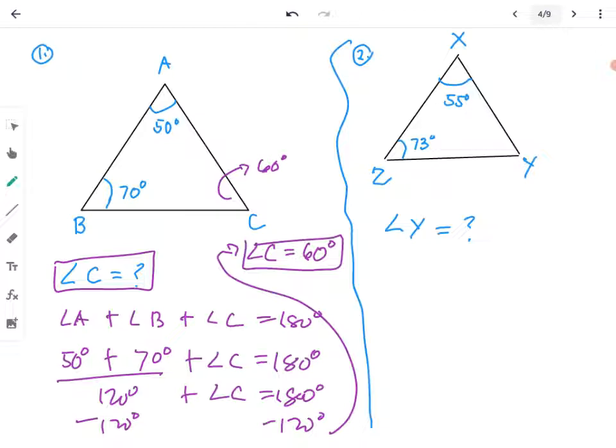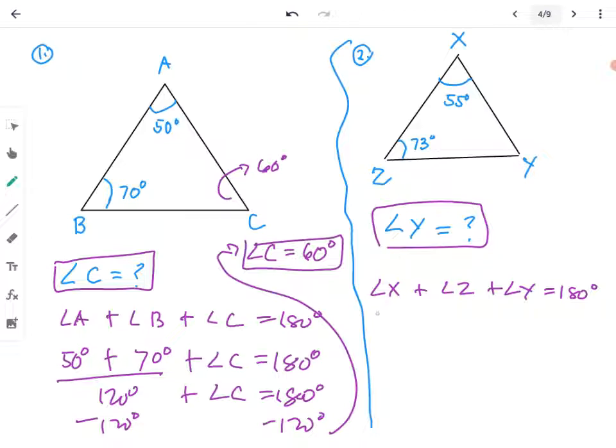Number 2 is that we have triangle XYZ, and we are looking for the angle measure of angle Y. It's the same principle. We say angle X plus angle Z plus angle Y, they all add up to 180 degrees.